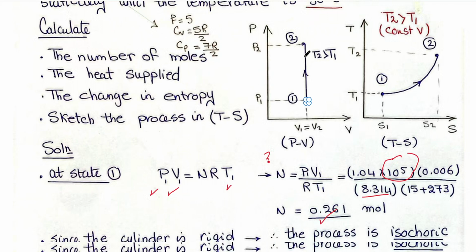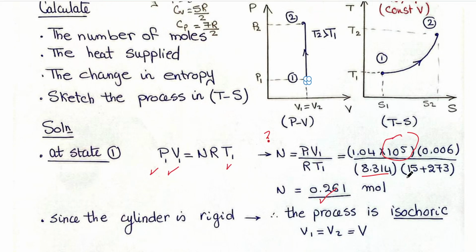You cannot substitute degrees Celsius, you have to substitute Kelvin. That's why you have to add 273 to have the temperature in Kelvin. That's how you substitute in the state equation. The only unknown is the number of moles. Get the number of moles. The second required is the heat supplied. I want to calculate the Q.